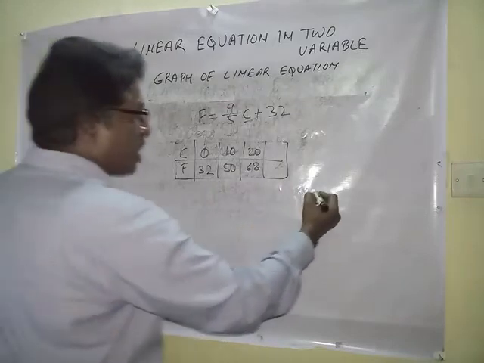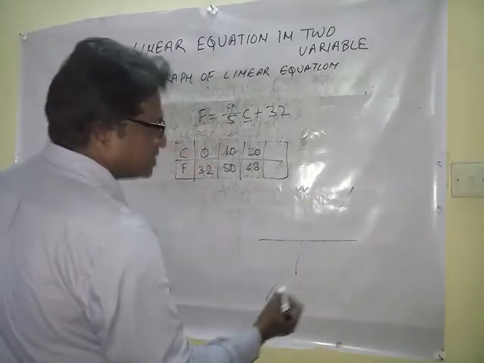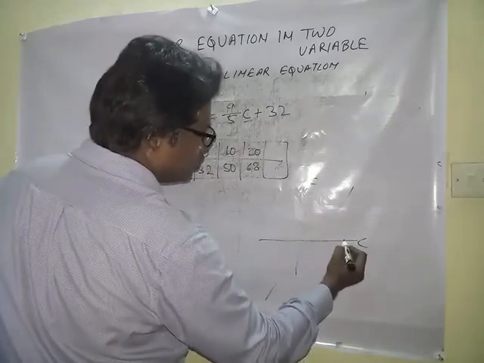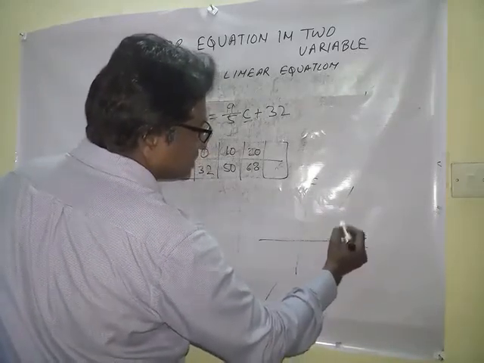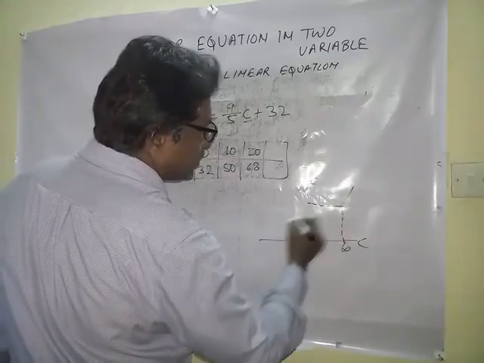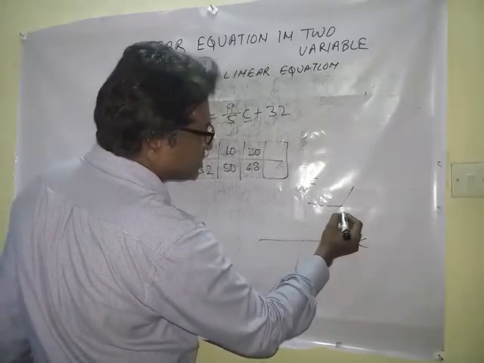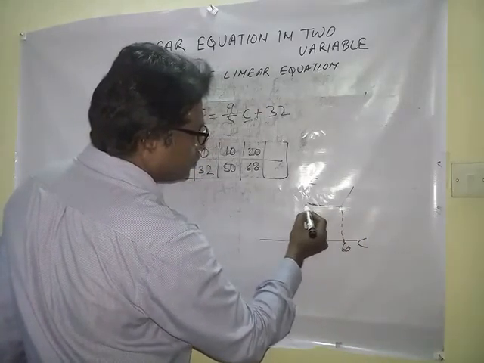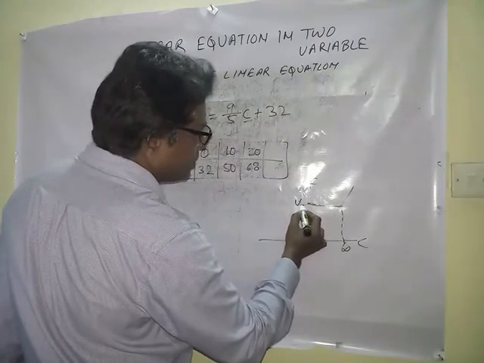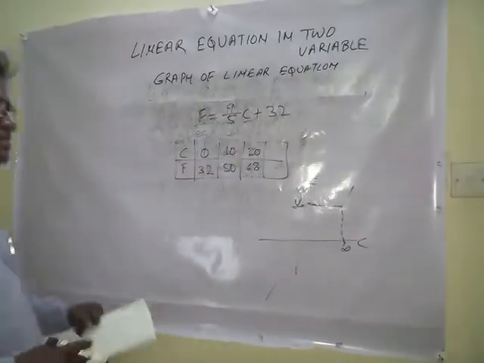So on the graph which you are plotting, say the graph is like this, and this is C and this is F. If it is 60 degrees centigrade, then draw a line here, go to the intersection point here. From here you draw a perpendicular line on F. Whatever value is coming here is the value of F. Your answer should be like this.